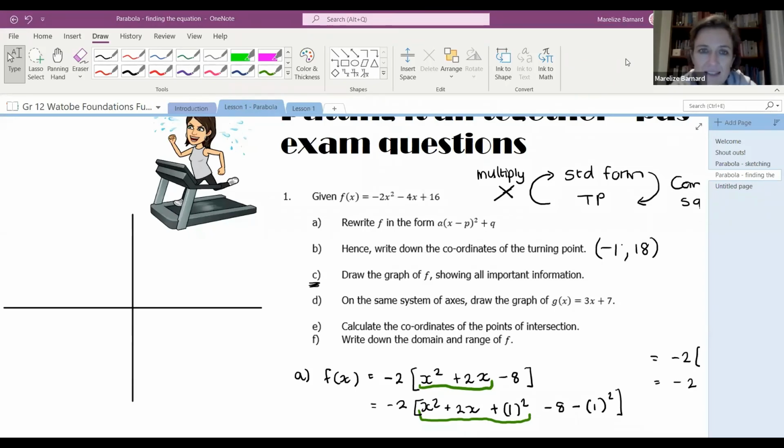Well done, Haydeen. Haydeen's got it. Diswa, the y-intercept is 16. Yes, that we also just read off the equation.